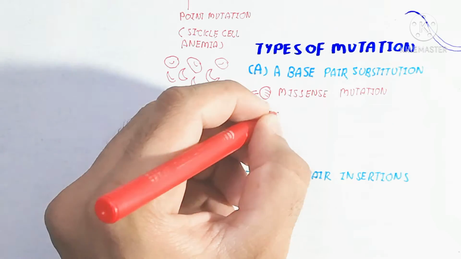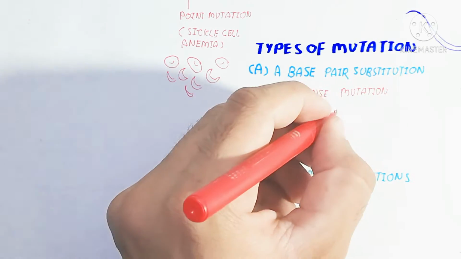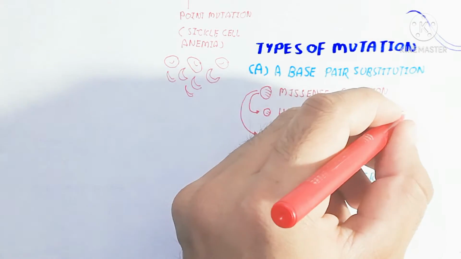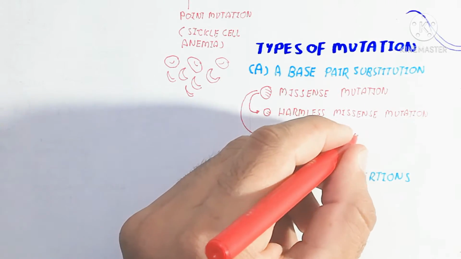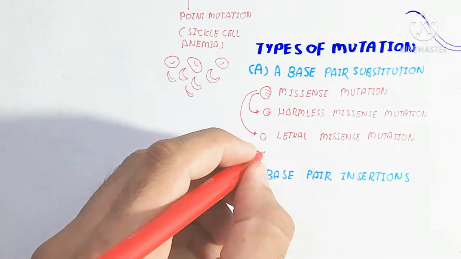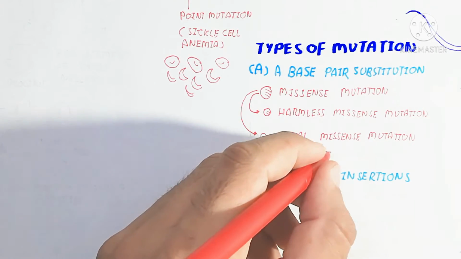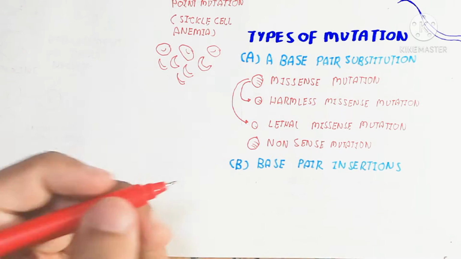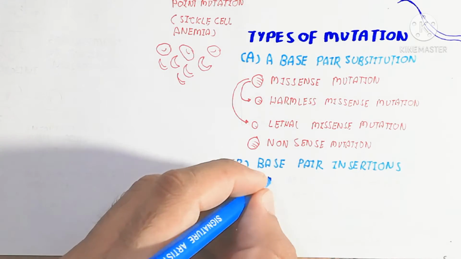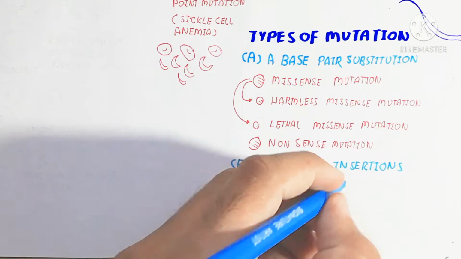Here we will discuss the types of mutation, starting with base pair substitution. Substitution means changing. The missense mutation can be a harmless missense mutation or a lethal missense mutation. Lethal means harmful.